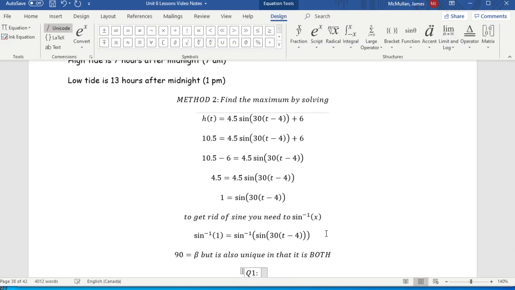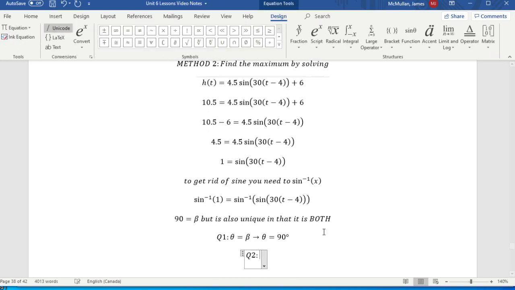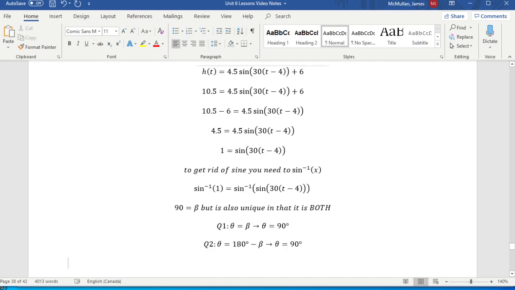In Q1, you have theta equals beta, and therefore, in our case, theta equals 90 degrees. But in Q2, you have theta equal to 180 minus beta, which in this case is also 90 degrees. So there really only is one answer here. It has to be 90.